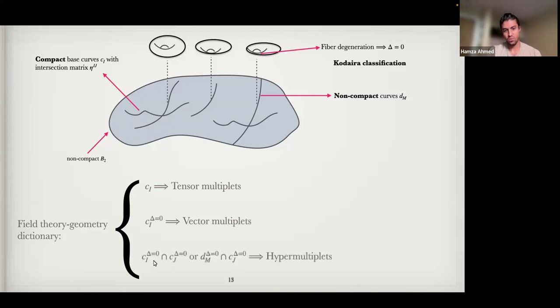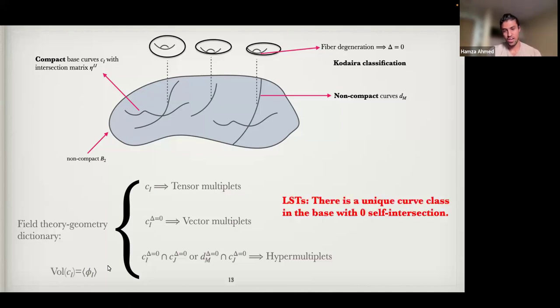And finally, when you have these curves intersecting, at these intersection points you get the matter, or the hypermultiplets, in the theory. Also, the volume of these curves sets the value of the scalar fields.